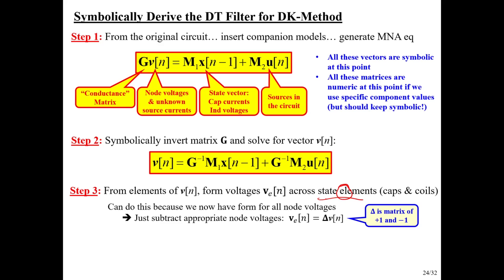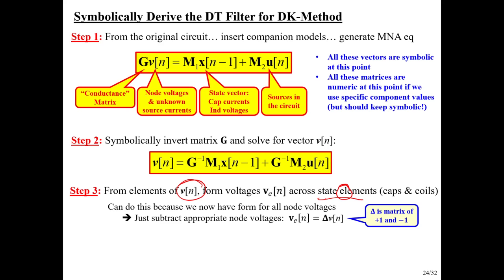And like I just said, we know that this will give us access to all of the node voltages, at least symbolically. And so from all the node voltages, we just have to figure out how to add and subtract node voltages to get the appropriate element voltages.